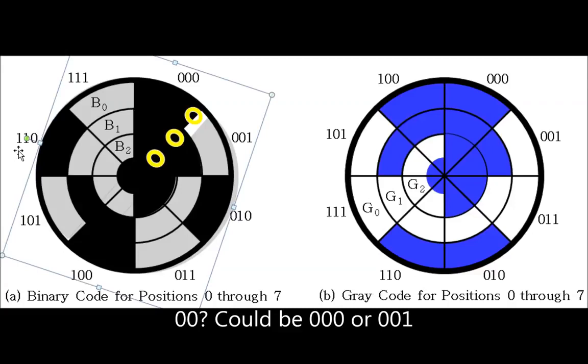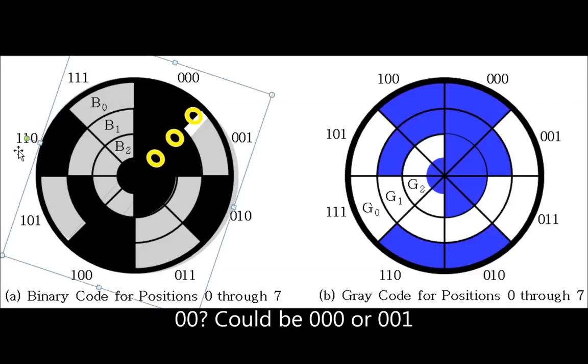There is going to be a point at which enough light gets through that it's ambiguous as to whether it's a high or a low. Now, in this case, because it can either be 000 or 001, it's not really a problem. It means that the angle could only be out by a small fraction.